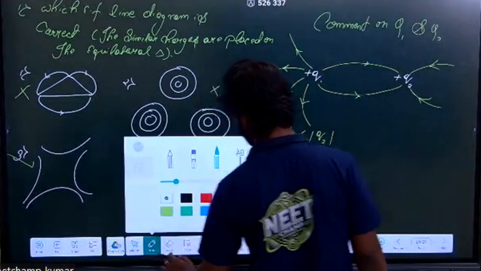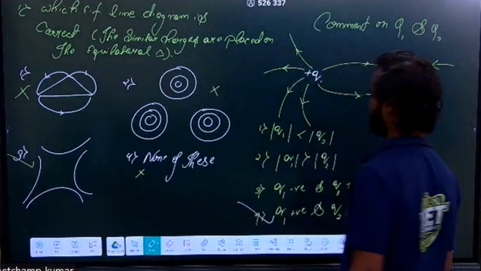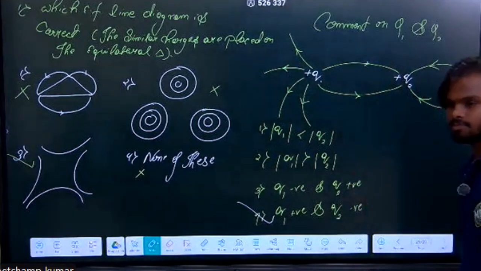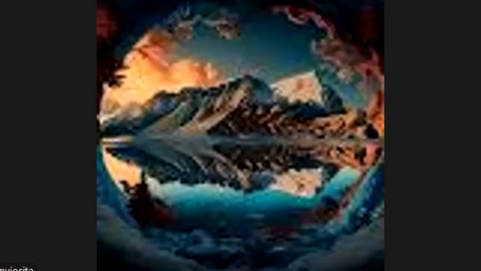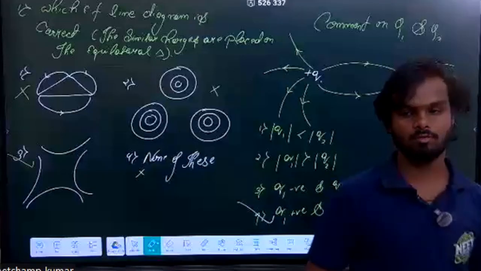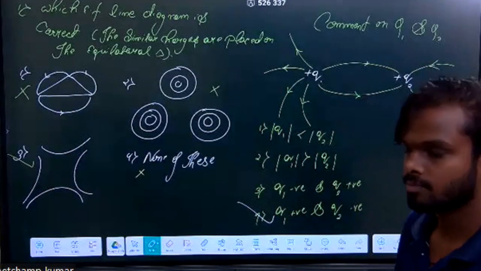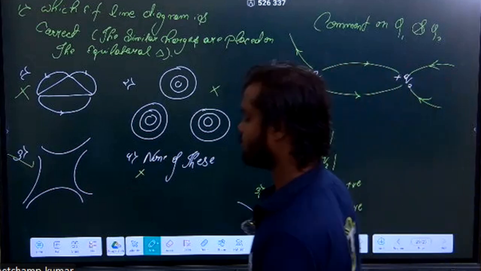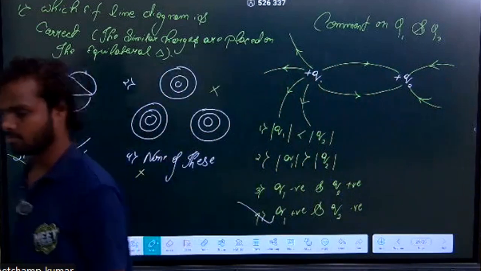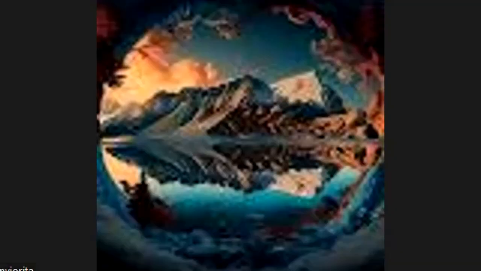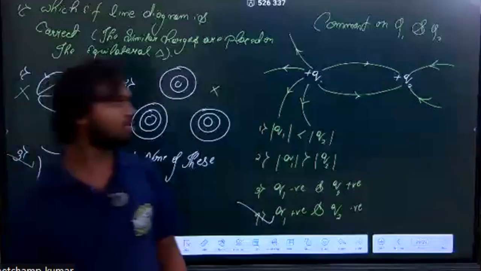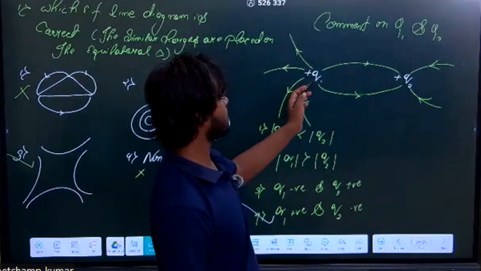Next, whose magnitude is greater? Q1. Why does Q1 have a greater magnitude? Because the electric field lines from Q1 are more than from Q2. Simple, you can see that.